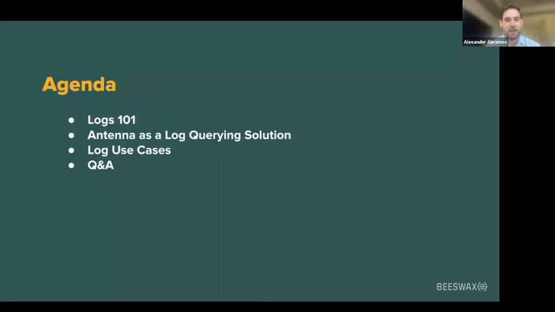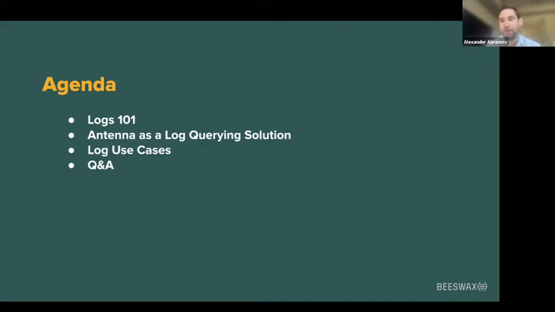So for the agenda today, we've got a few things. First, we'll start with a Logs 101, just a brief overview of exactly the type of log level data that Beeswax offers and how it's different to what our competitors expose to our clients. We'll talk about Antenna as a product feature that Beeswax offers that helps clients resolve some of the ETL issues that some encounter when setting up log level data ingestion pipes.